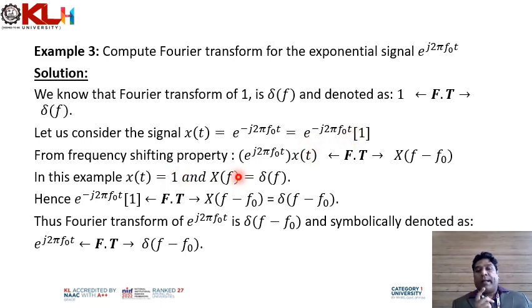So capital X of f from the previous problem is delta f, and hence we can write e power j 2 pi f naught t into 1 as e power j 2 pi f naught t into x of t. As per the frequency shifting property, it has to be capital X of f minus f naught. So we will get simply delta of f minus f naught. Therefore, the Fourier transform of e power j 2 pi f naught t will be delta f minus f naught.